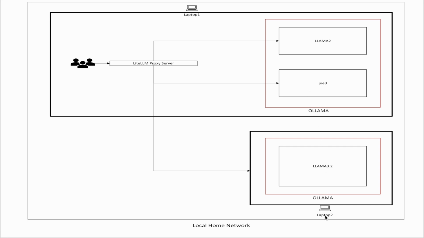On my laptop 2, I'm running Llama 3.2. So let's move forward and see how we can access all these models' APIs by hitting a single proxy server API, and we will also see some of the advantages of using the proxy server.